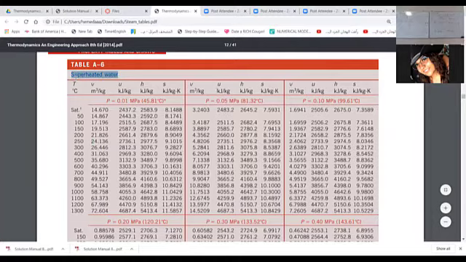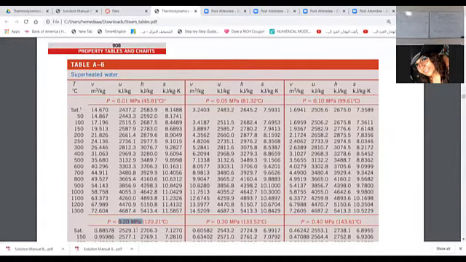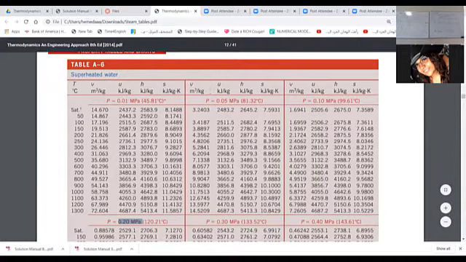If your pressure is 0.01 megapascal, about 10 kilopascal. If it's 0.05, 50 kilopascal. If it's 0.1 megapascal, 100 kilopascal. If it's 0.2 megapascal, let's say we are at 0.1 now, 100 kilopascal, this one.